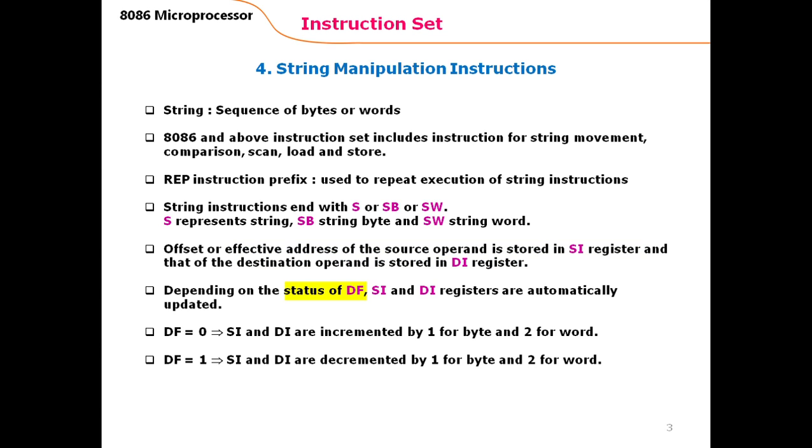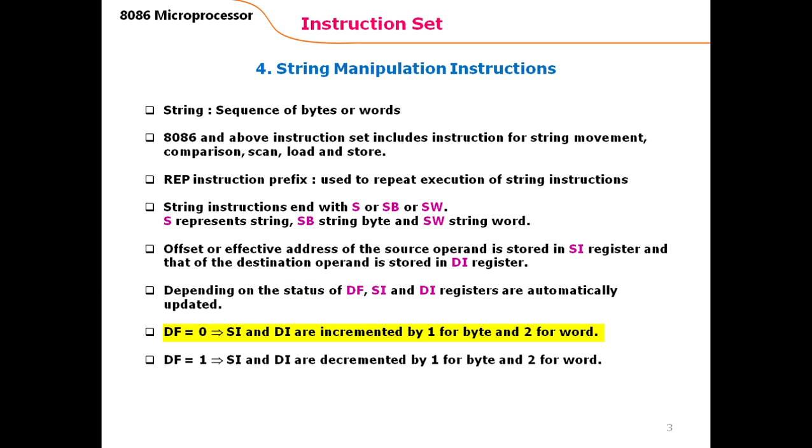And also, as these instructions are normally repeated, with every repetition or after every execution, the value in these offset registers, the source index and destination index registers, is either automatically incremented or decremented.